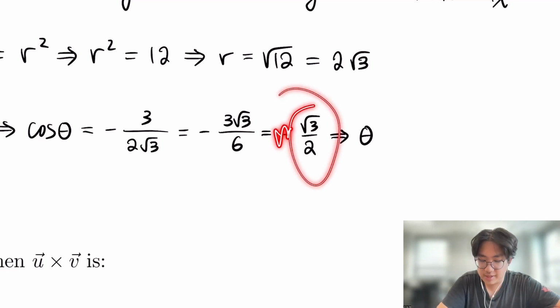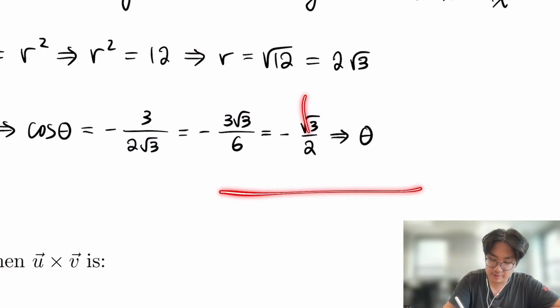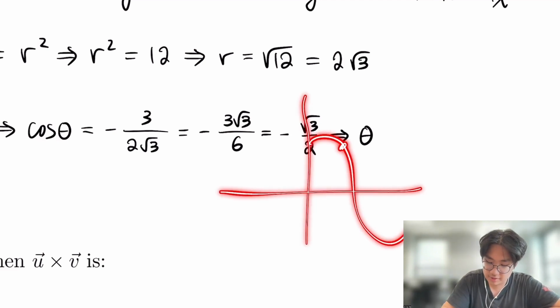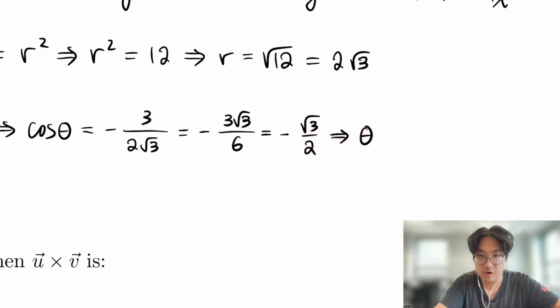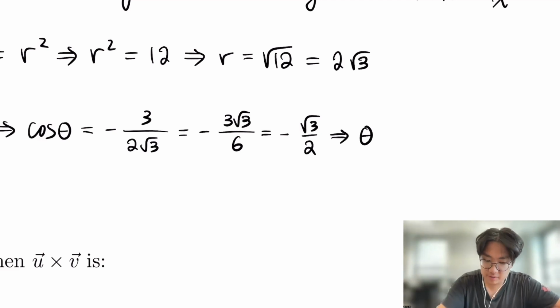If we just ignore the negative, we know that cosine of some angle is equal to √3 over 2 if we're just dealing with angles between 0 and 90. We know this happens for pi over 6, right? And again, you can always also picture the graph. You know that the higher point here happens earlier on, so pi over 6. What we're looking for is where it's negative, and we know cosine is negative in quadrants 2 and 3. So in this case, you have 5 pi over 6.